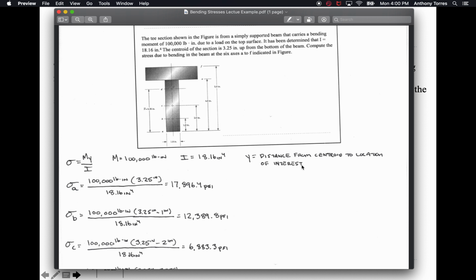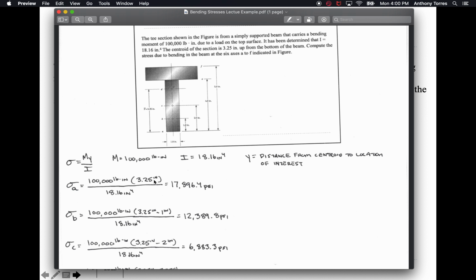I'm going to do A. A is down here. M is 100,000 pound-inch. The y is 3.25, the distance from here to A is just y bar, 3.25. Then I divide that by I, 18.16 inches to the fourth, and I get 17,896.4 pounds per square inch.